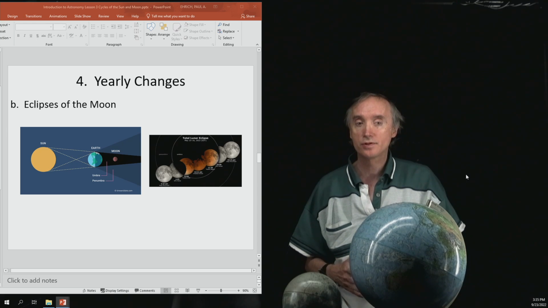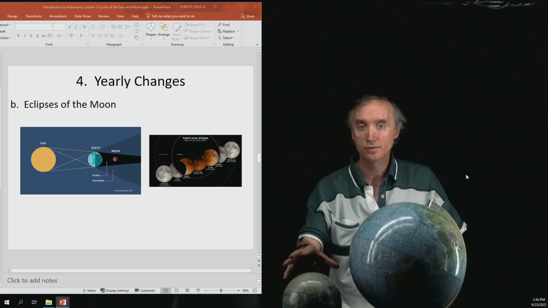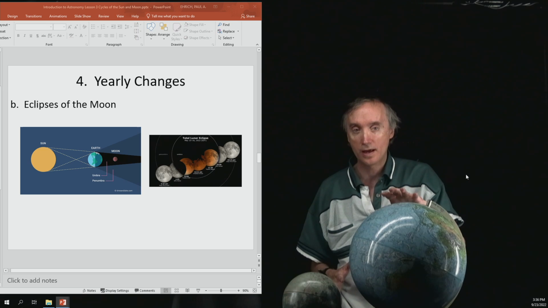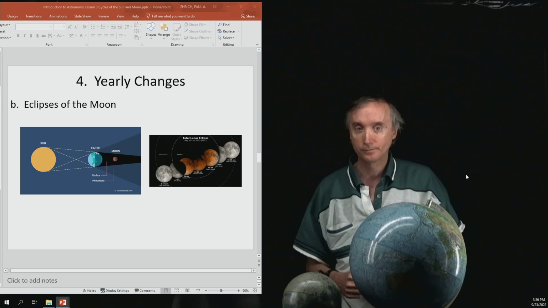The Earth's atmosphere absorbs certain colors of light, and what's left over is transmitted. The light that manages to make it through the atmosphere is an orangey color, and that color is what colors the moon orange. Normally this doesn't happen. The light doesn't go through the atmosphere and then hit the moon, so the moon just looks gray.